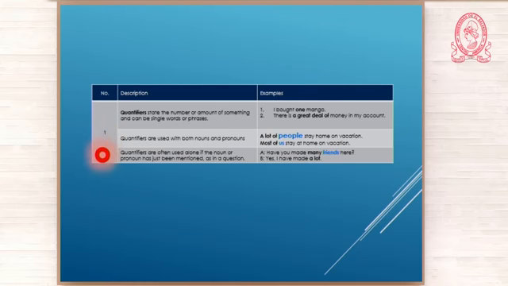Okay, something else to remember. Quantifiers are often used alone if the noun or pronoun has just been mentioned, as in a question. Let us see the example. Look at this dialogue. A: Have you made many friends here? What is the quantifier? Which word is the quantifier?